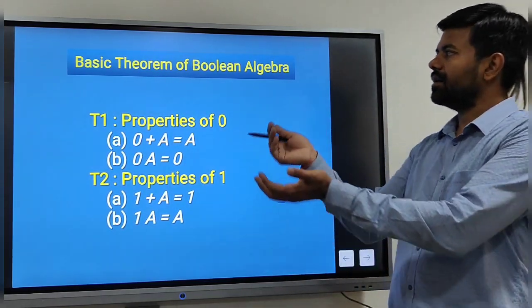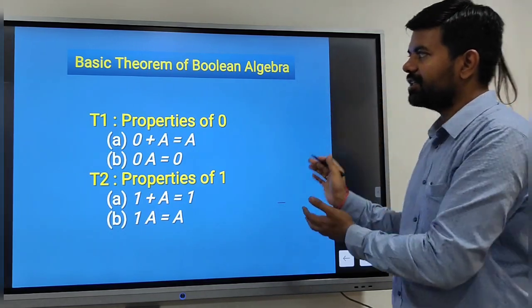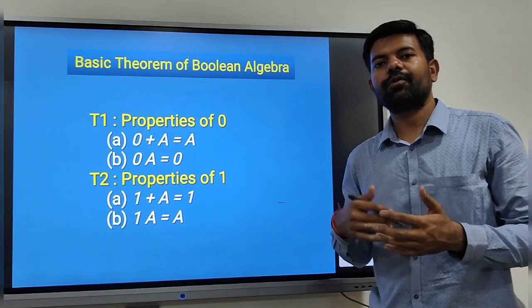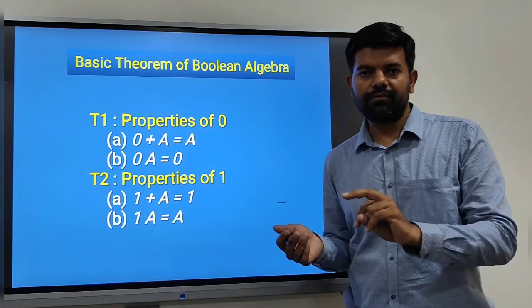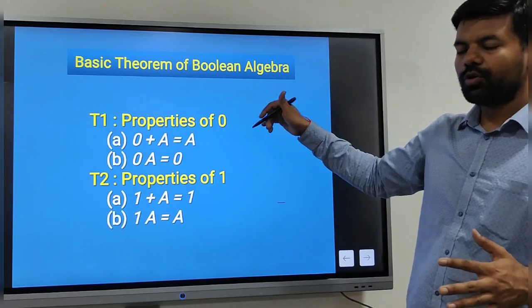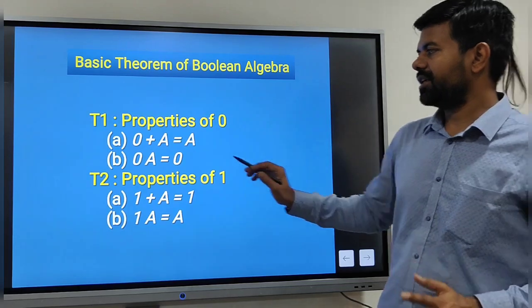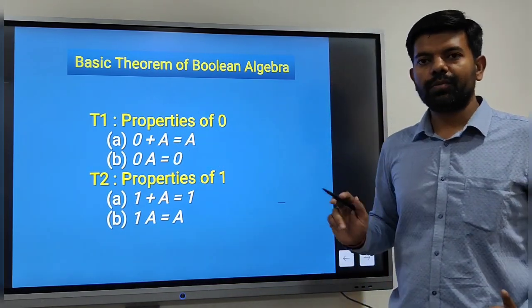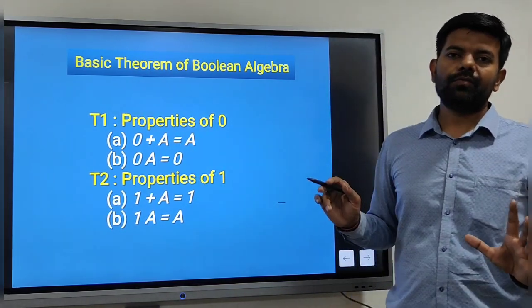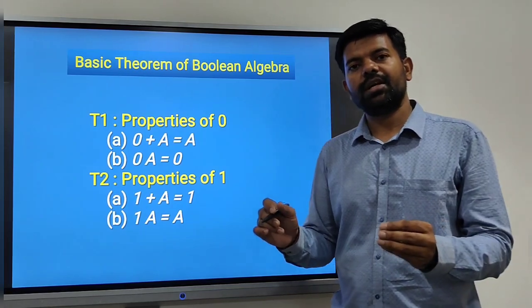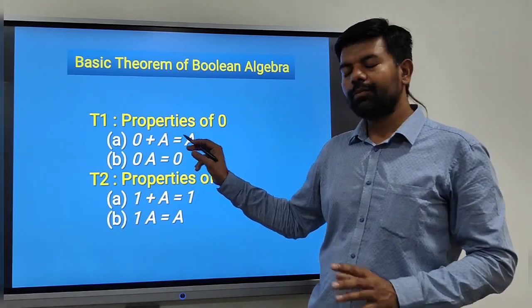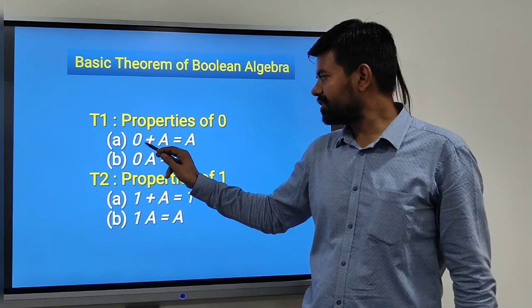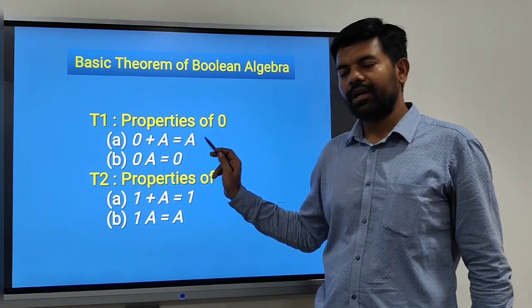Some basic theorems of Boolean algebra: because we have only two variables, two logic values, 0 and 1, we have some basic theorems. First, the property of 0: 0 plus any variable gives that variable, so 0 plus a equals a.